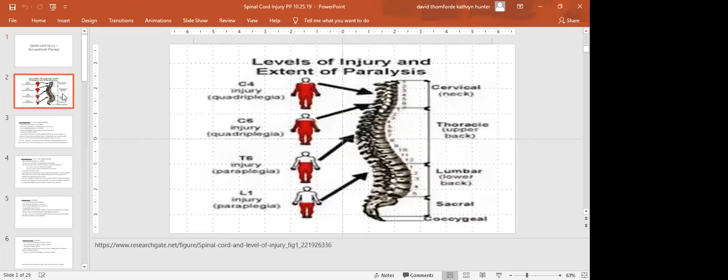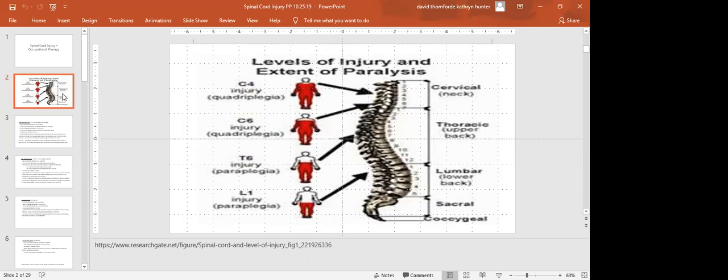Okay. So to begin with, just a very general overview of spinal cord injury. As you know, there is paralysis in the limbs and motor paralysis, and also lack of sensory awareness resulting from spinal cord injury.